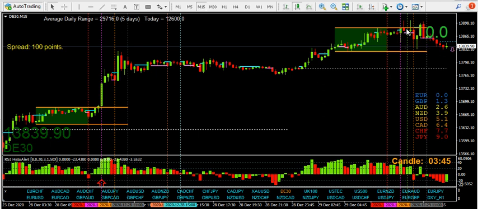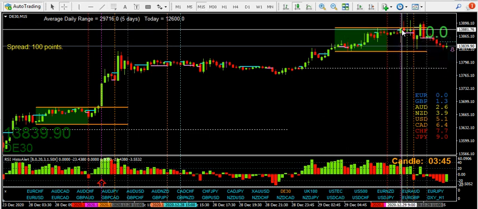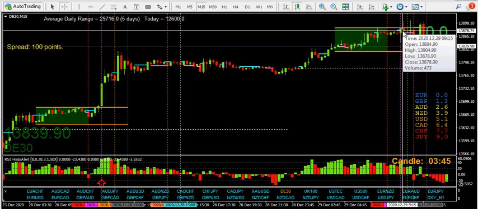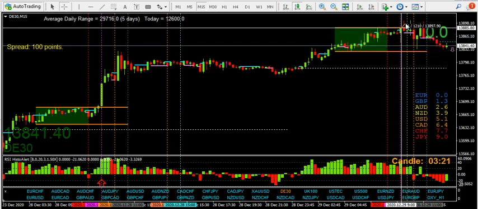DAX is a bit of a beast, so you may well have got involved in a trade, possibly on that pink line there, but I wouldn't recommend trading the DAX unless you've really got your trading skills honed down to a T. But that was a 23 pip move there, that red candle.